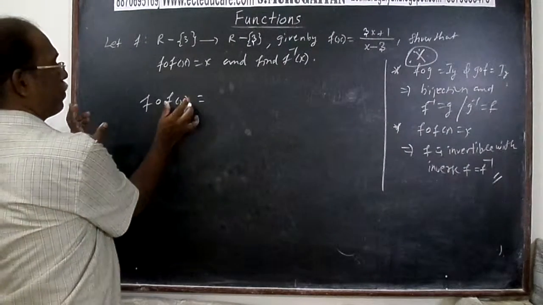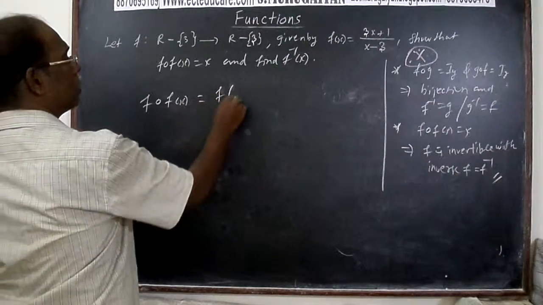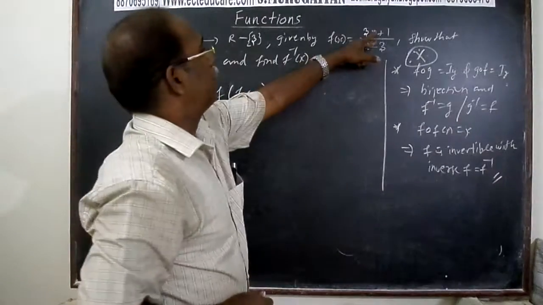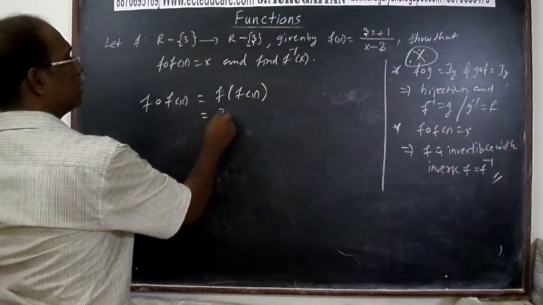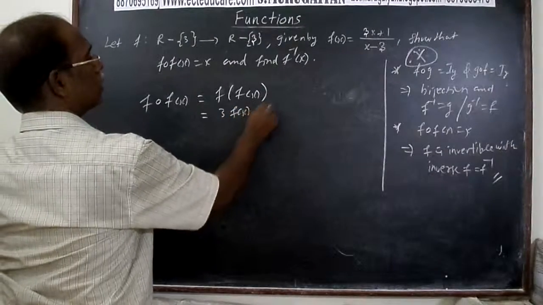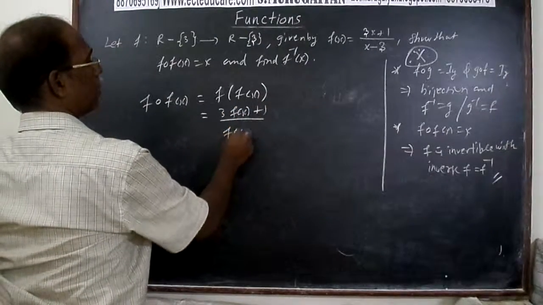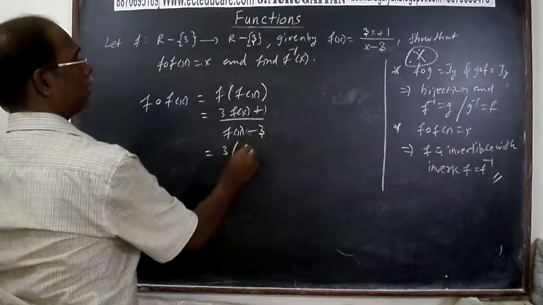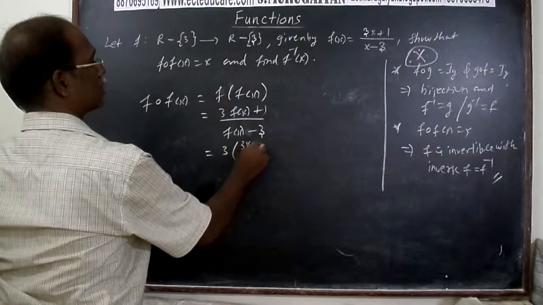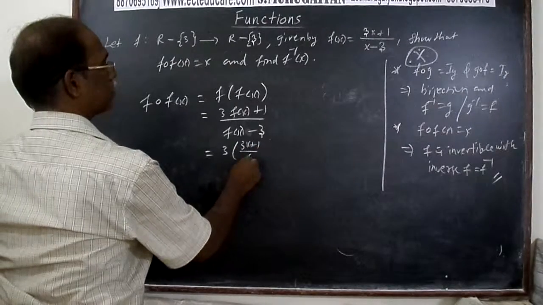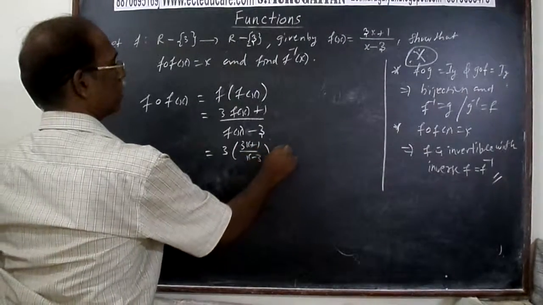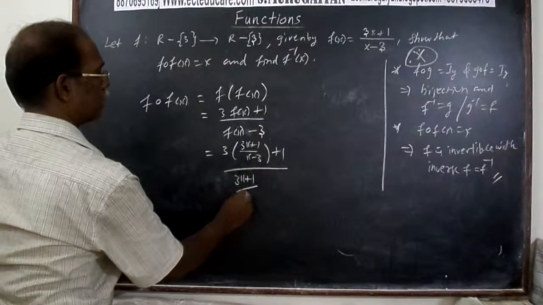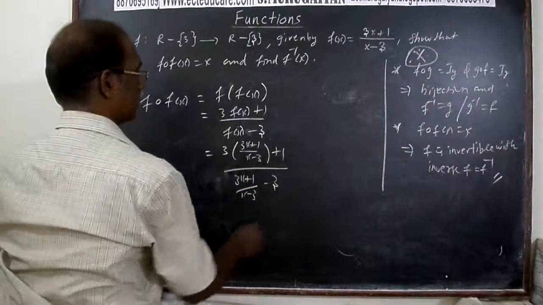So we have to write f(f(x)) is, in the place of x, we have to take f(x): (3f(x) + 1)/(f(x) − 3). Now the f(x) value we can take straight away: (3·(3x + 1)/(x − 3) + 1) divided by ((3x + 1)/(x − 3) − 3).